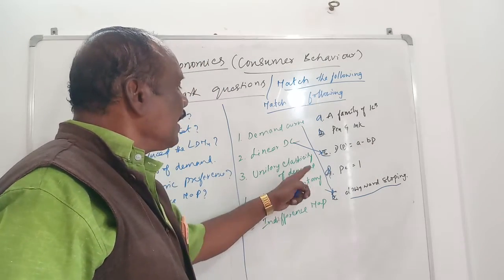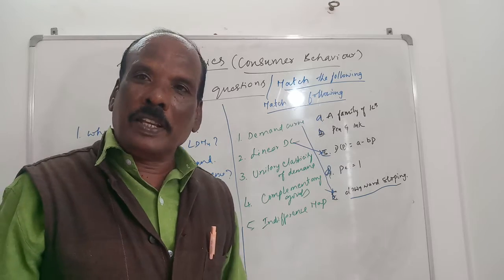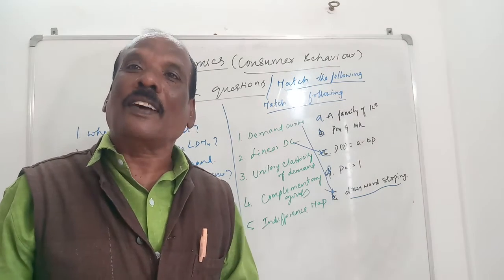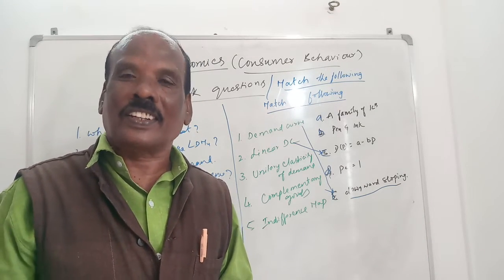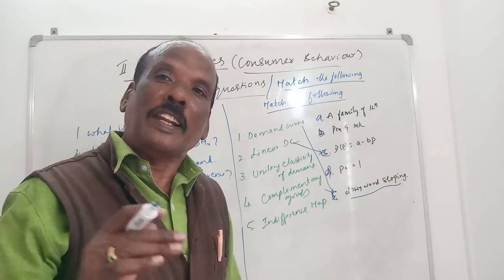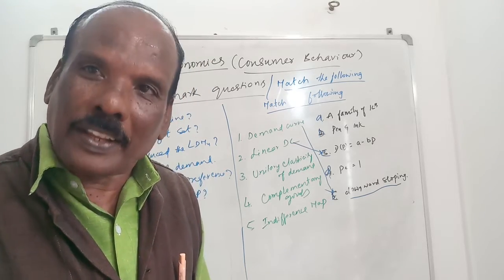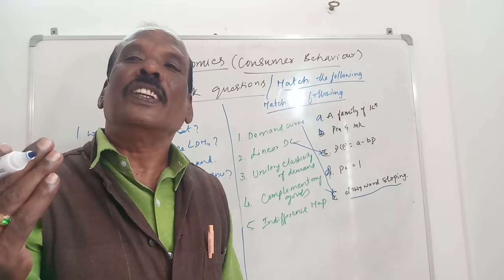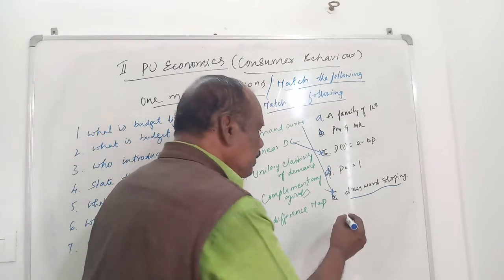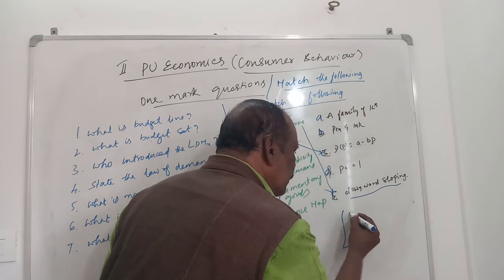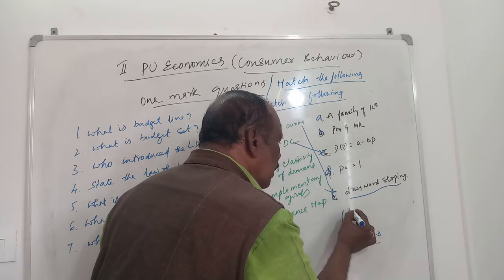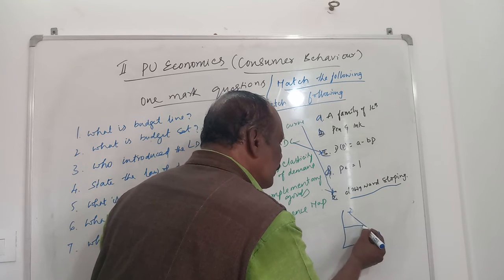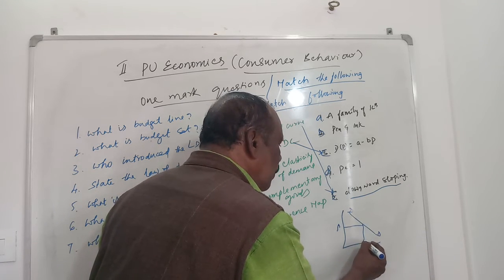And unitary elasticity of demand. That means equal rate of change in demand. That means if there is a 10% change in price, there will be a 10% change in demand. So you can see, this is the demand curve, this is the price, and this is the quantity.